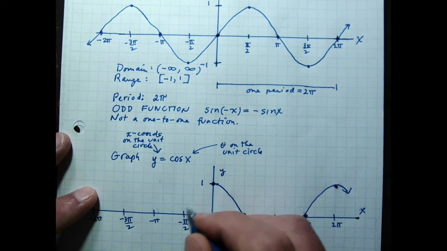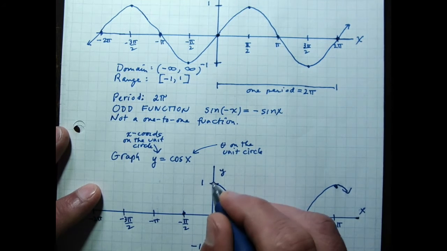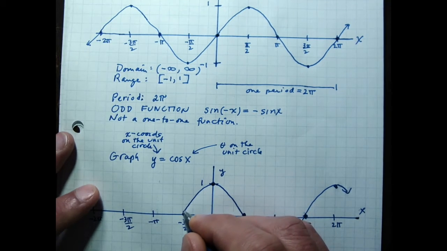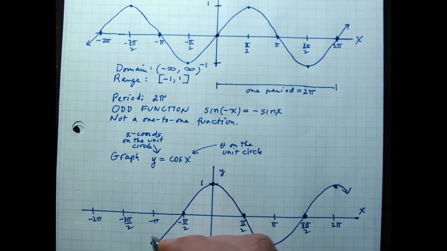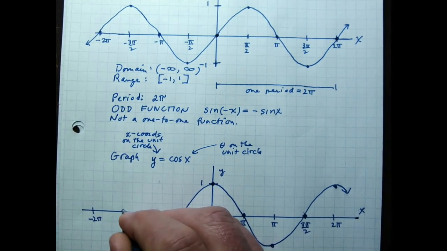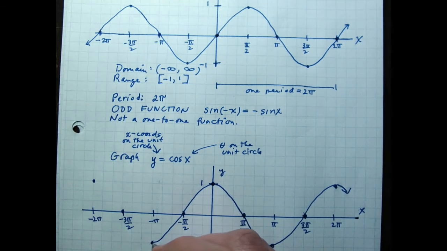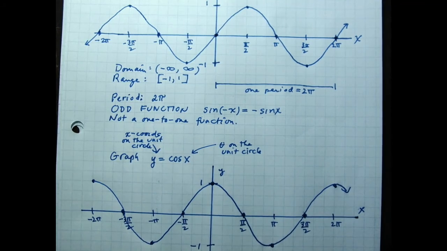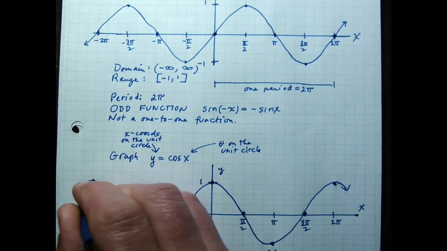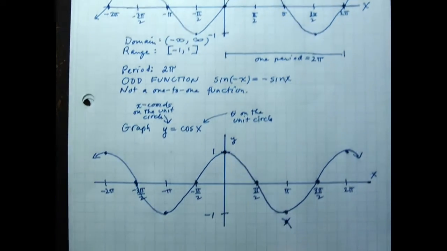In the negative direction, cosine of negative pi over 2 is 0. Cosine of negative pi is -1. Just continue the pattern. 0, and then 1 at -2 pi. And the pattern continues in the negative direction.